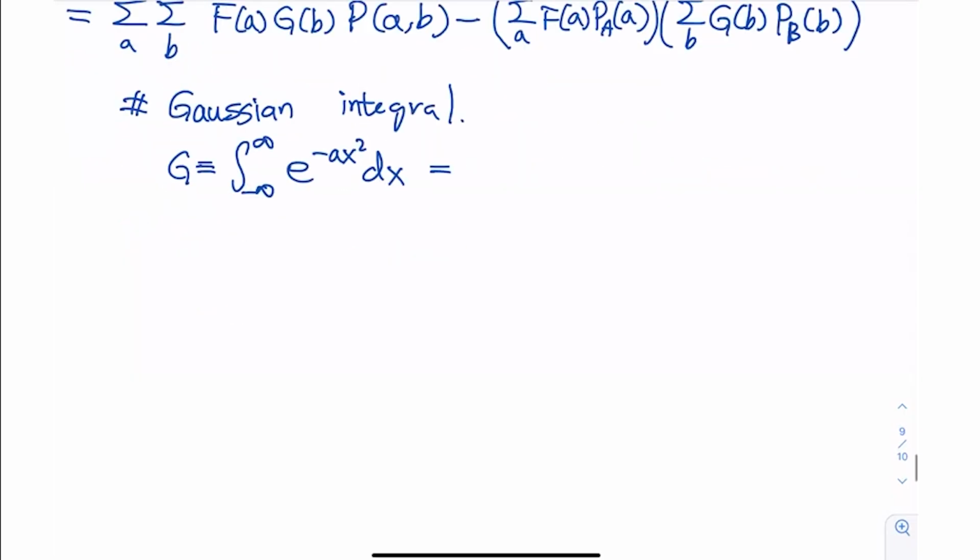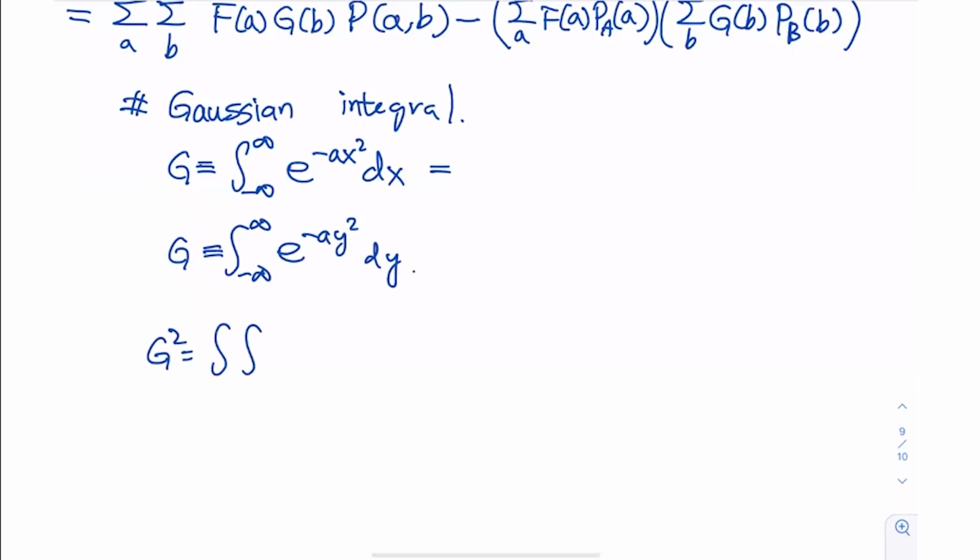The trick of doing this integral is to square it. Suppose I write another g, but use the dummy variable y, and multiply g with itself.